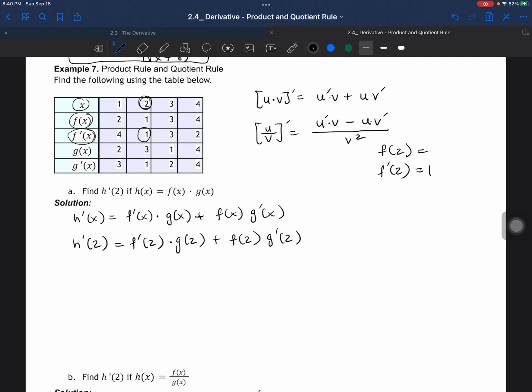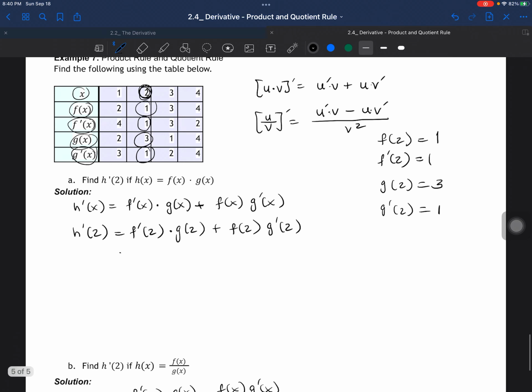For f of 2, it says that when x equals 2, your output of f is 1 as well. What about g? What's g of 2? G of 2 is when x is 2, your g output is going to be 3. And then g prime of 2, that is when x is 2, the output of g prime will be 1.